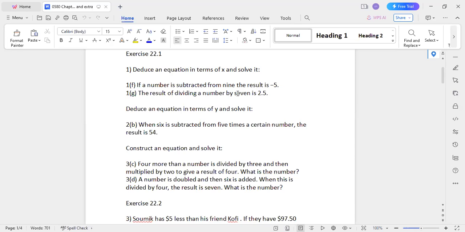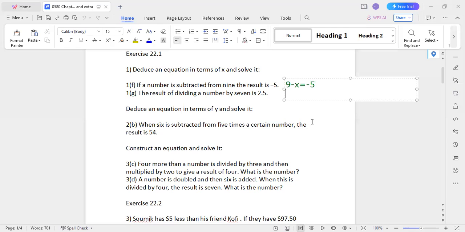Yes. All right. So if anyone wants to try, how would we go about 1F? Maybe Alvin can start first. 9 minus x equals -5. All right. That's a good start here. So how would we solve this problem?